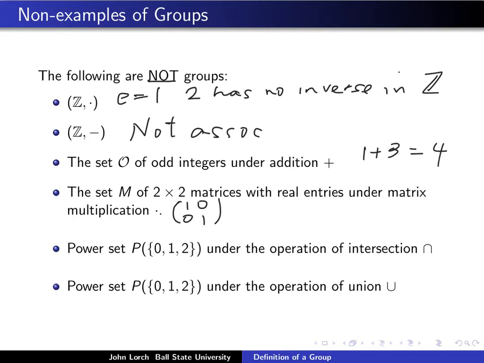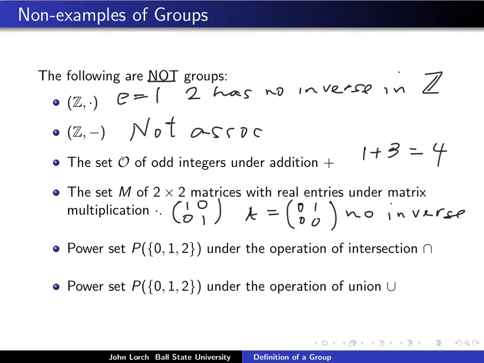And this almost works, except that there are some matrices, like for instance this one, A equaling 0, 1, 0, 0. That thing has no inverse. It's not an invertible matrix. So if you're going to make this into a group, you need to restrict yourself to the collection of invertible matrices. And when you do that, you do obtain a group under matrix multiplication.